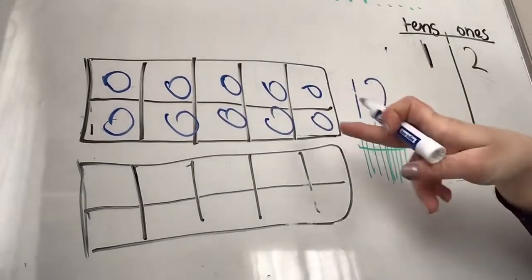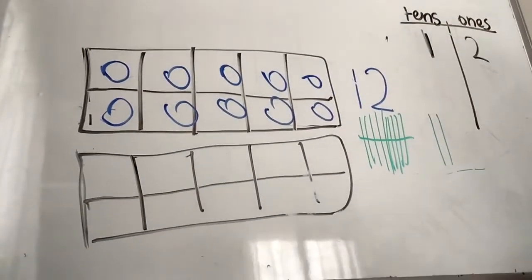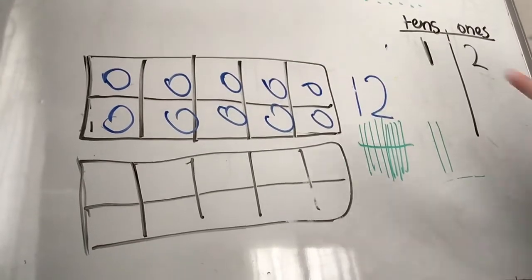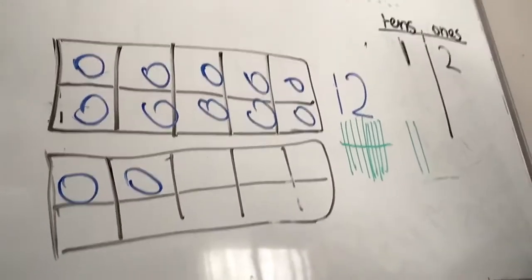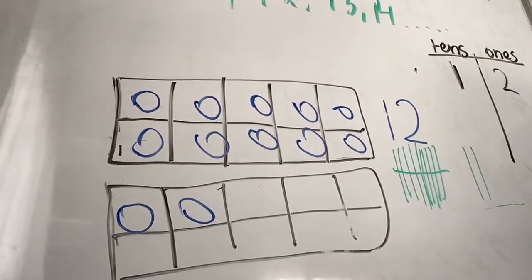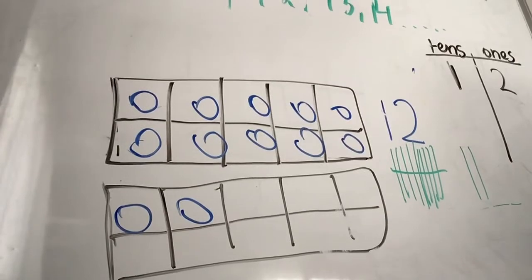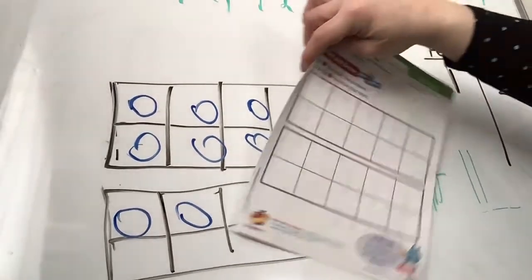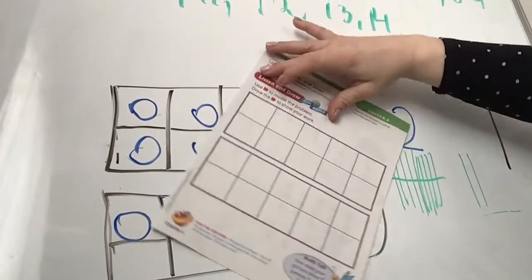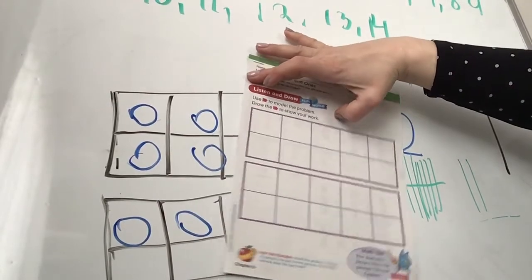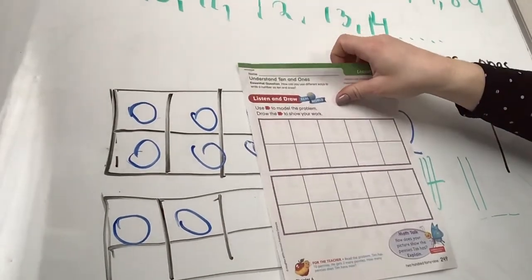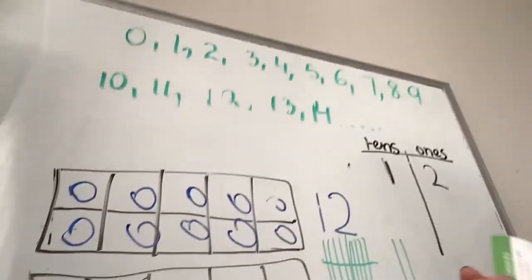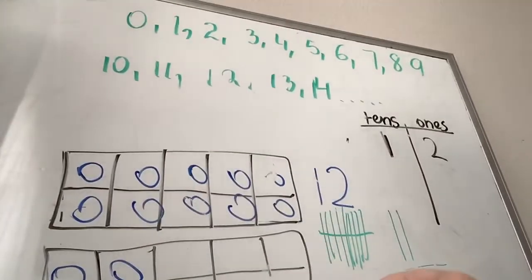No, because I know that if I fill this whole thing, it's going to be 1 ten. So I'm left with 2 ones. And that's one way to show the number 12. That's what you have to do on your page. You don't have to put any cubes, but you can just draw a picture. Okay? So let's go to the next page.